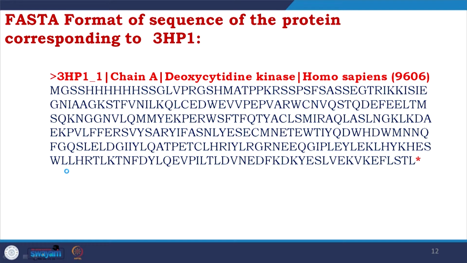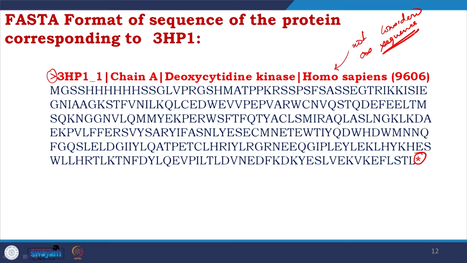This is the FASTA format representation of the protein corresponding to the PDB ID 3HP1. If you see, it starts with a greater than sign, it ends with the asterisk sign, and the description is here. This line is not considered as sequence or as part of the sequence because of the greater than.